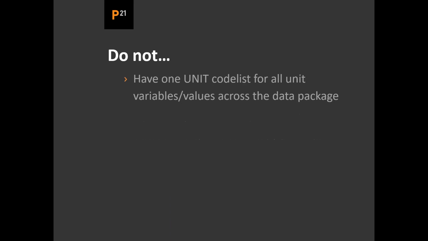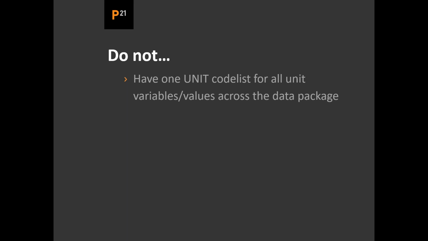So now we move on to some of the things not to do with the code lists. One common issue, and this is what the FDA poster was hinting at, is that you should not have one unit code list in your define file for all of the unit values in your data package.